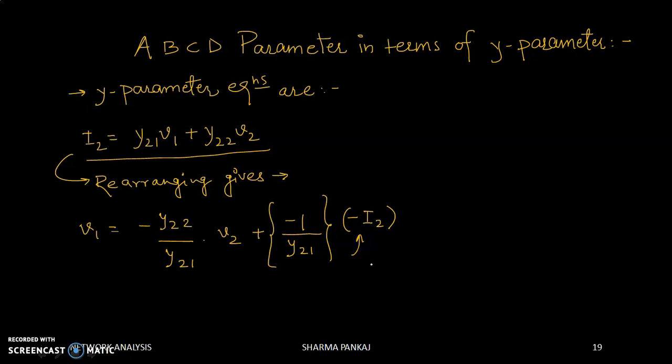Because in ABCD parameters, I2 is outward. In power system, the current I2 is flowing outward, but in the system diagram of the two port, it is inward. So to keep it outward, I put a minus sign here, for the power system.